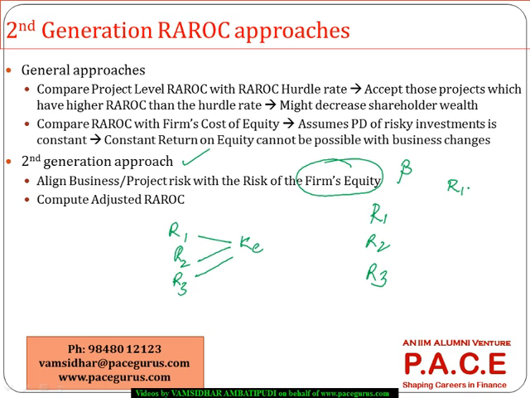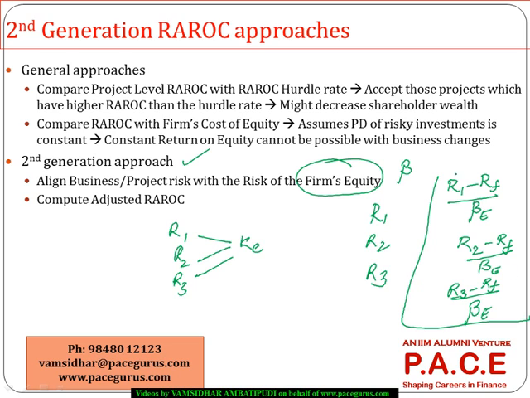Each return I will subtract the risk-free rate of return and divide it by the beta of the firm. So all of them will go through this: R2 minus RF by beta, R3 minus RF by beta. So I am modifying the risk adjusted rate of return by subtracting the RF and dividing it by the beta.